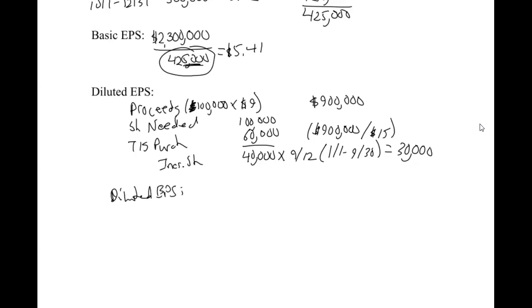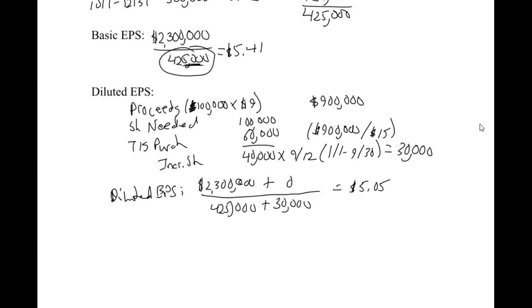Remember, for diluted we start with basic, so we have the 2.3 million over the 425,000 shares, and then always 0 on top for warrants and options, plus 30,000 in the denominator, and that equals 455,000. That's how we would do it if we had an actual exercise during the year.